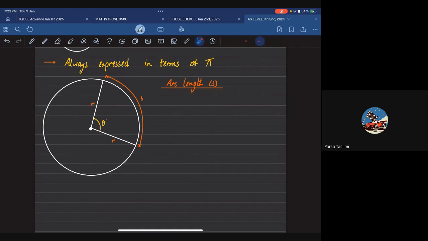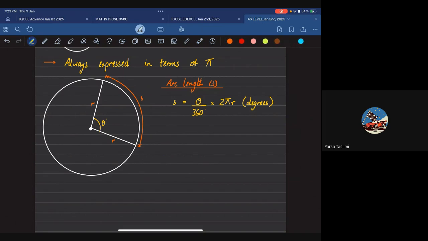Yes, it's 2 pi r theta over 360. But that's when in degrees. If you do it in radians, 360 degrees is 2 pi, so 2 pi over 2 pi cancels out, and it would be r times theta.